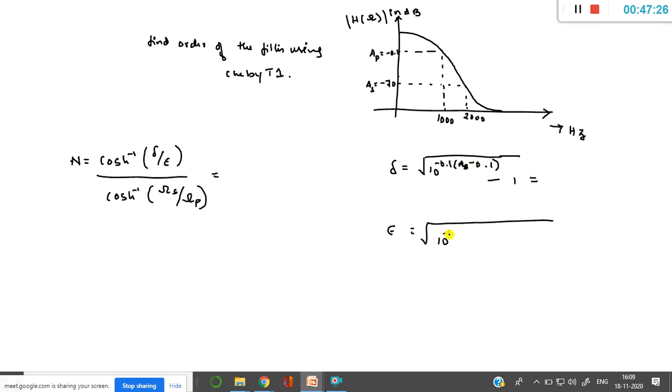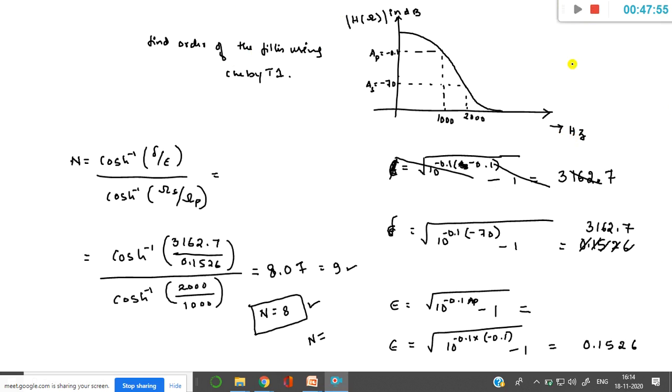So how much are you going to get? Calculate and tell me. And epsilon is again 10 to the power of minus 0.1 times A_s, where A_s is minus 70, minus 1. Find out the value of delta and epsilon.